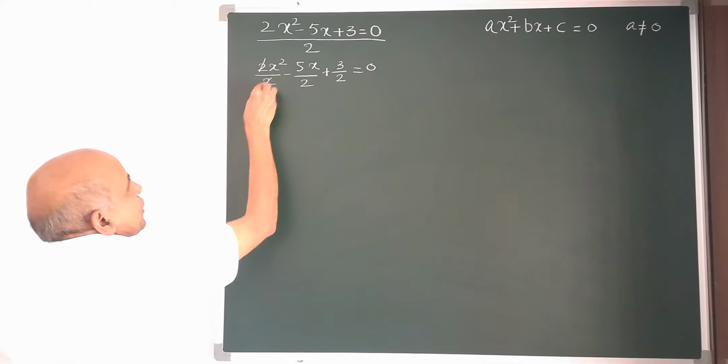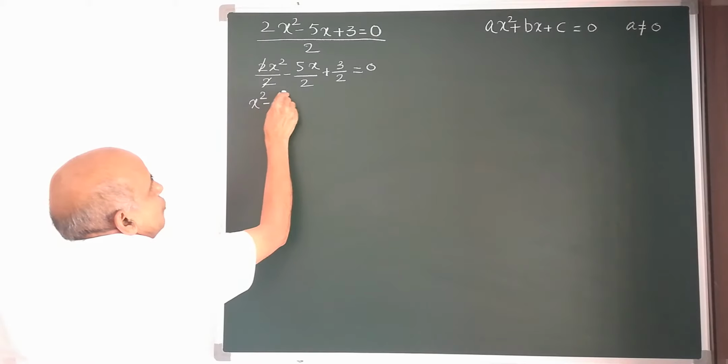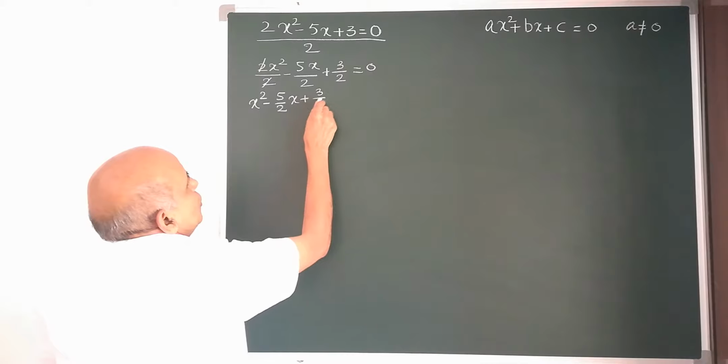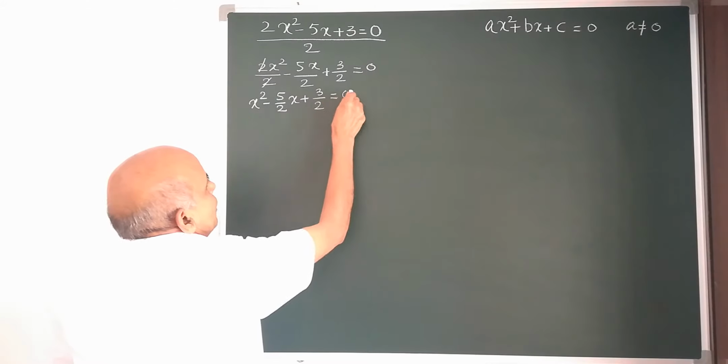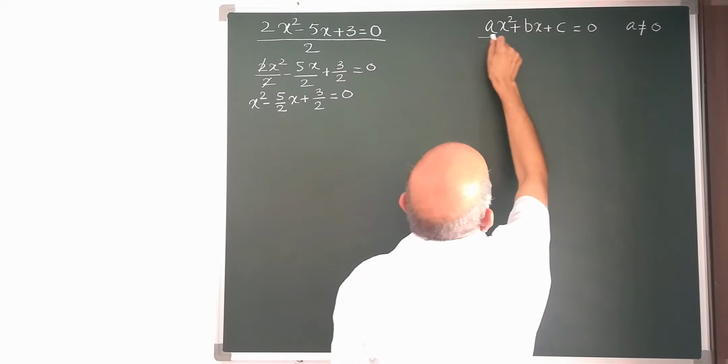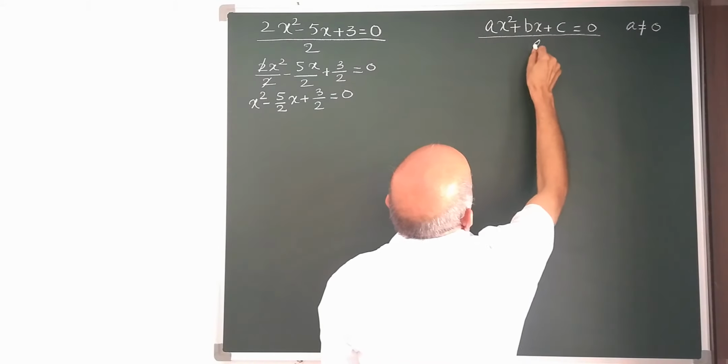This 2 and 2 get cancelled. This becomes x square minus 5 by 2 x plus 3 by 2 is equal to 0. The same treatment we will do to this. Throughout the equation, we divide by a.